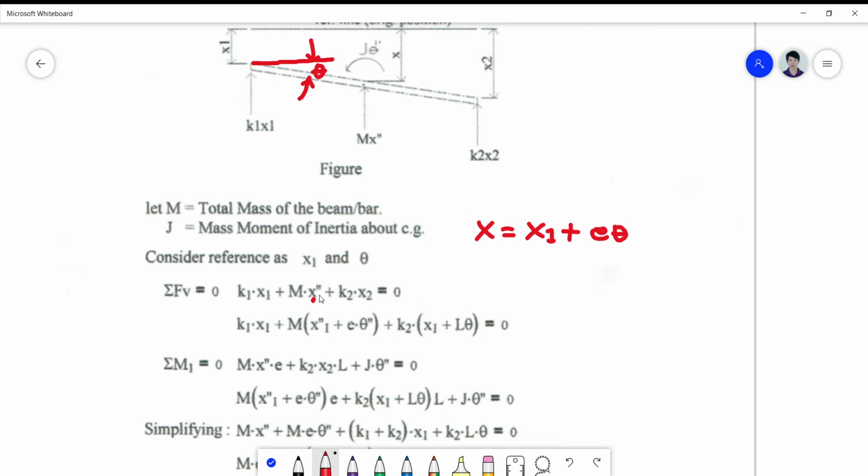Since this is an acceleration variable, we simply take the double derivative of each and every variable concerned, noting that e is a constant here.